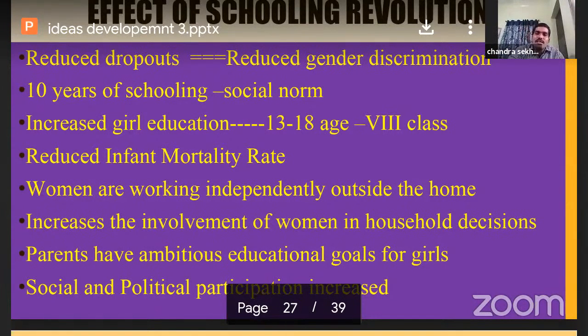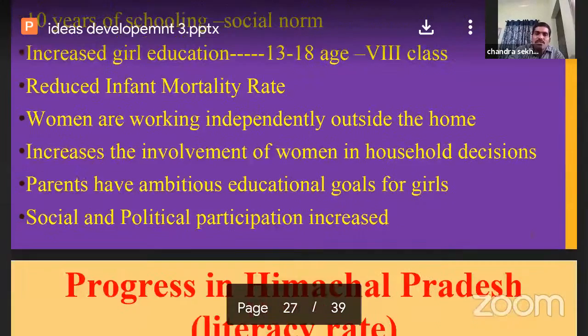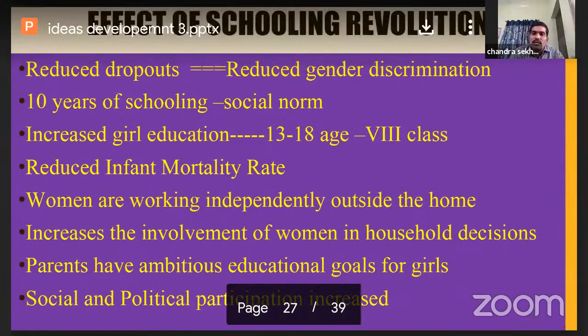So every child is ready to get 10 years of schooling, and it increased girl education between 13 to 18 years of age, and every girl is going to complete 8th class. So it reduced the infant mortality rate also. The mothers are educated, that's why they are aware about infant mortality, and they are taking so many precautions to reduce the infant mortality rate.